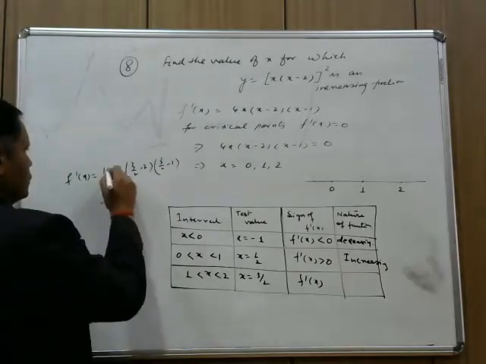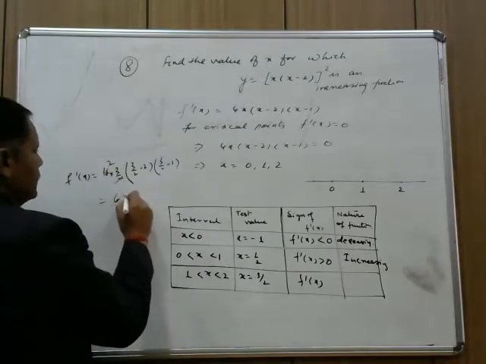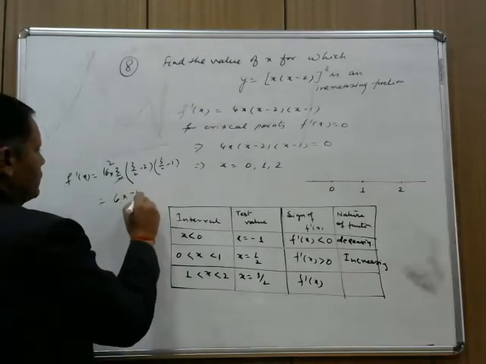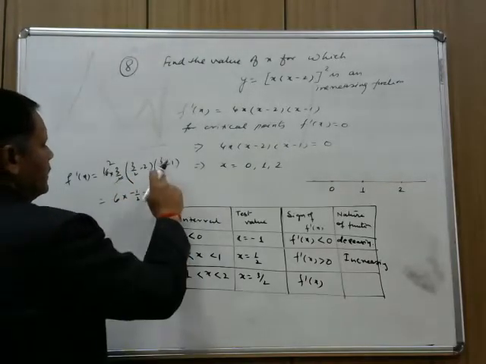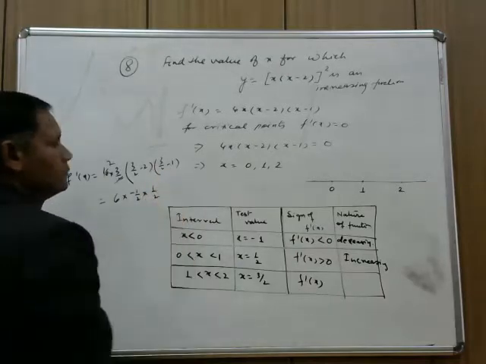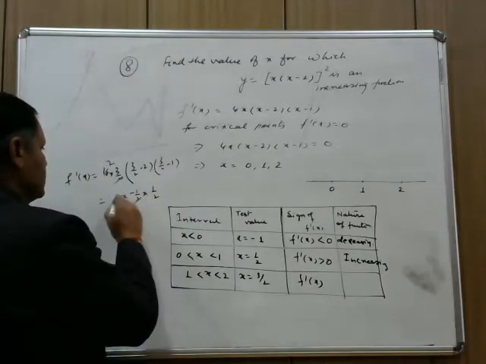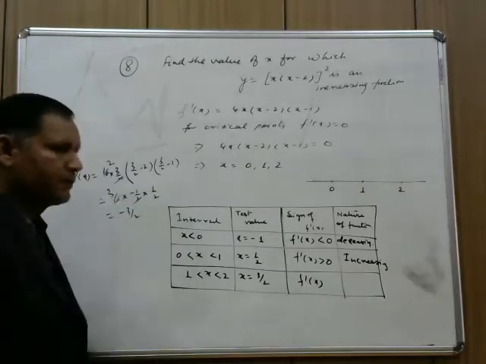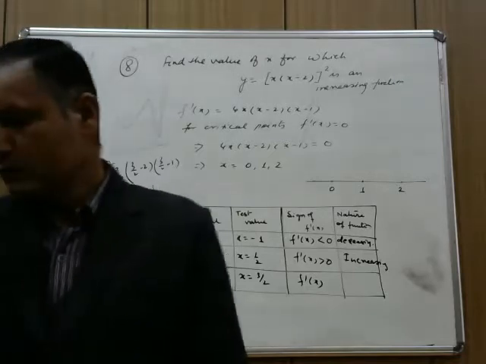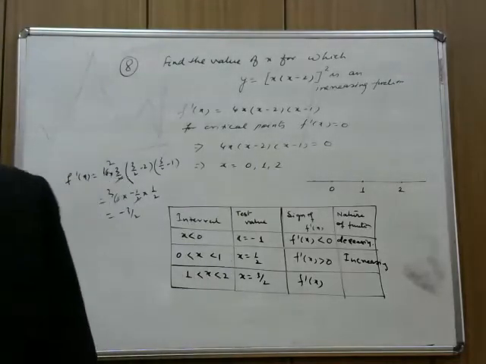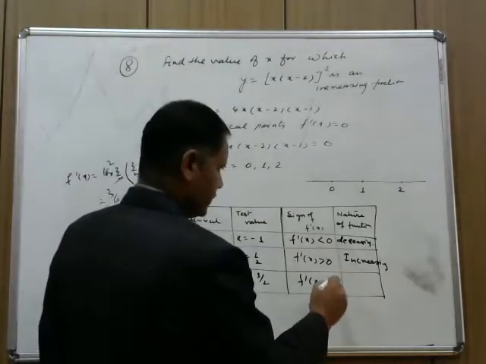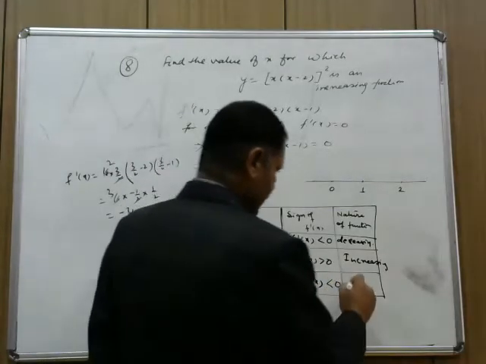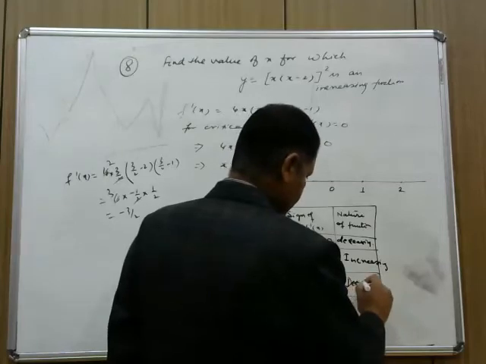This is now 6 into minus 1 by 2 into 1 by 2, which is 6 into minus 1 by 4, that is minus 3 by 2. Now when I put x equal to 3 by 2, it becomes negative. f dash of x is less than 0. That's why again here it is a decreasing function.